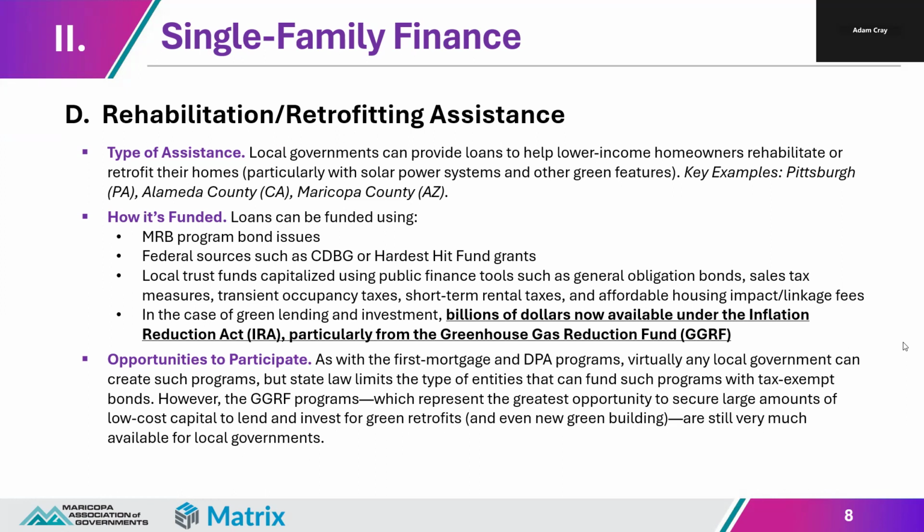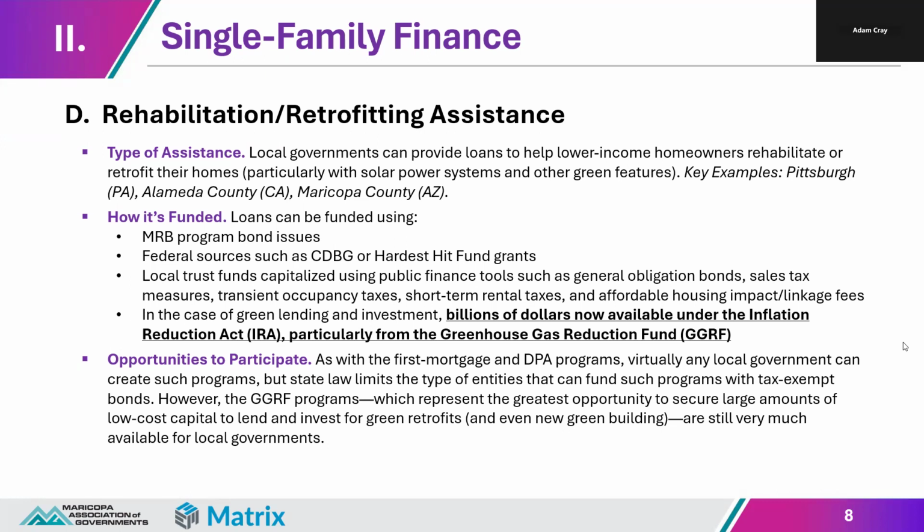And so it's green lending programs is how they're typically framed. And you can see in the appendix all of the details on the three Greenhouse Gas Reduction Fund programs, and I'll give you a little bit more of an overview in a second, but this is the time to access those funds.